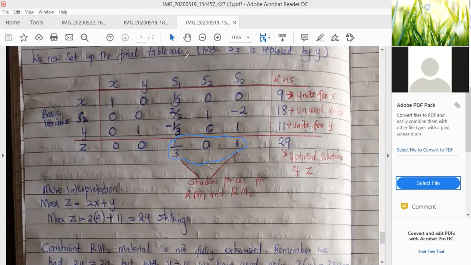If we want to have any addition of a unit in relation to our three constraints, how much would we pay as the extra amount per that one unit? For me to use an additional unit of M1 material, I have to pay a third of a shilling. If I want to pay for a unit of M3 material, then I'll pay 1 shilling. But for M2, because we had a balance, then we are paying a 0 price.